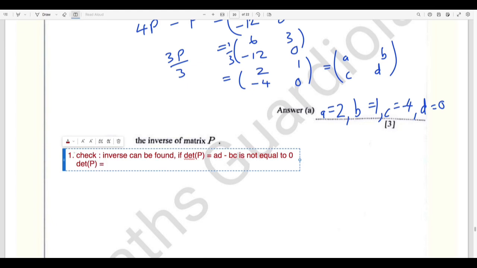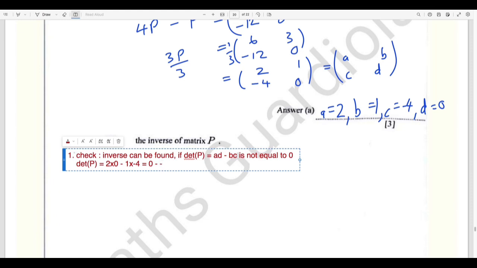Let's find the determinant. How do you find the determinant of a matrix? The determinant can be found by saying AD minus BC. Since we've named the individual figures in the matrix A, B, C, D, A is equal to 2, B is equal to 1, C is minus 4, D is 0.